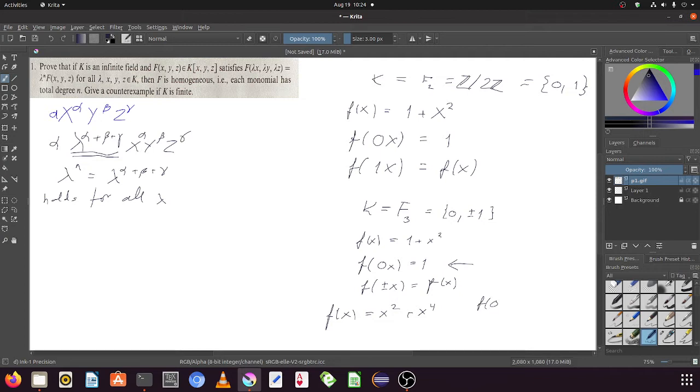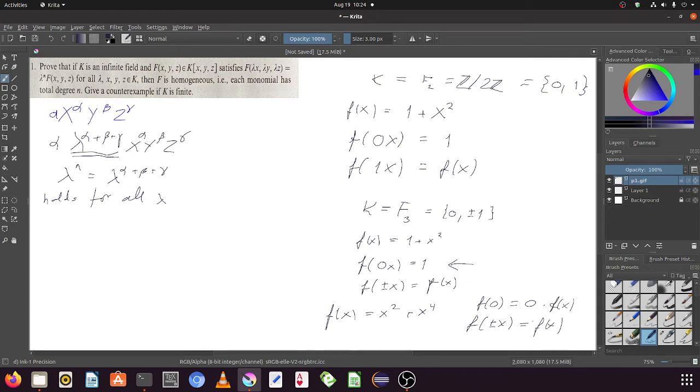Then f of naught vanishes, and plus minus x gives f of x. Oh, it vanishes. Oh yeah, that's naught times f of x.